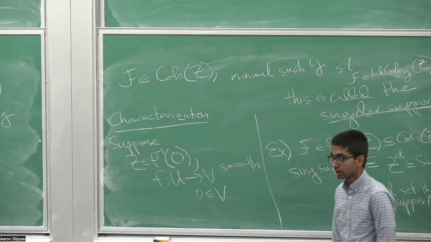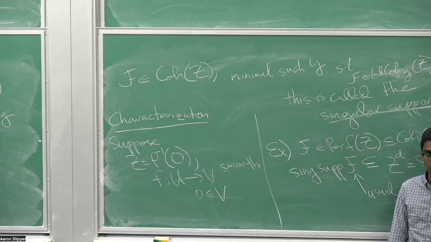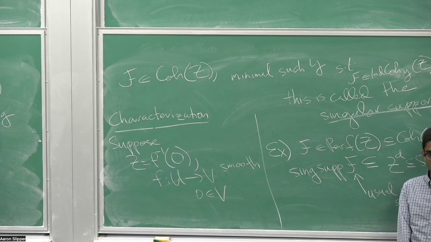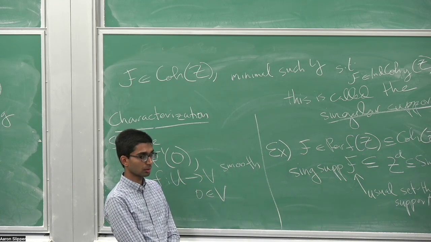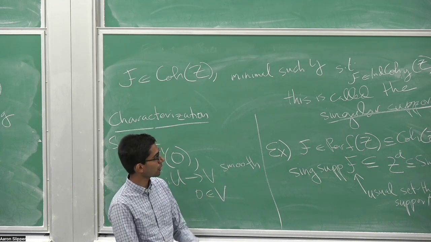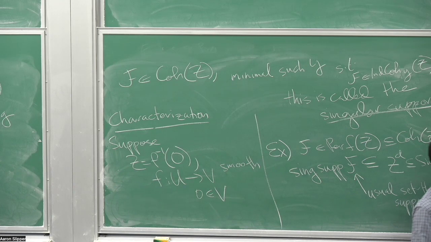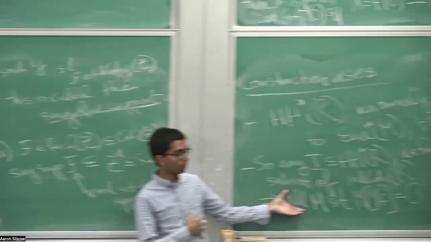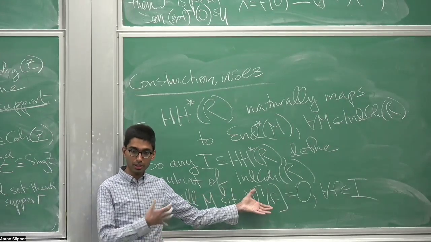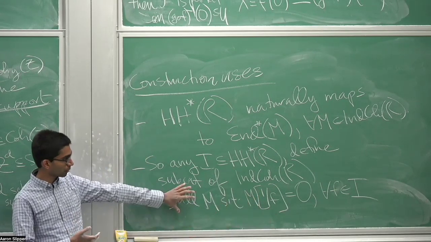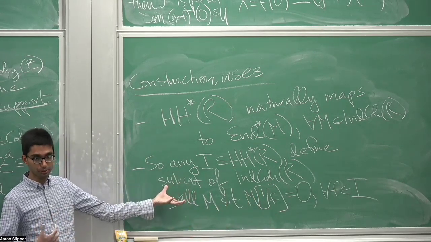What was your comment about the localizing subcategories here? Can you repeat that comment? Which comment? I guess I don't see why you considered all M such that M adjoin 1 over F equals 0. Well, this is a definition of a localizing subcategory. This is analogous to an earlier example: you can look at all objects in D of Z such that when you invert P, you get 0.